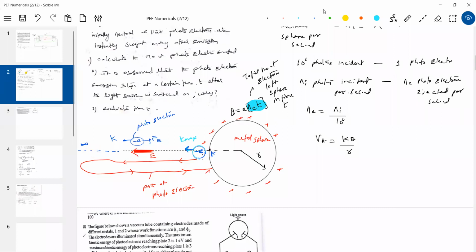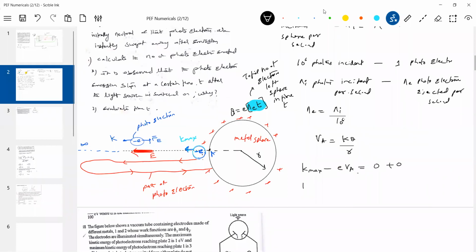Applying conservation of mechanical energy, initially we have K max. Minus the interaction potential energy, which is the charge of the electron into the potential, K Q e by R. This should equal finally 0 plus 0.